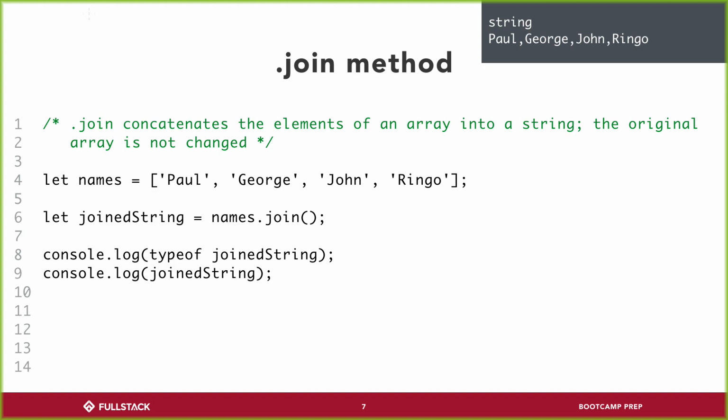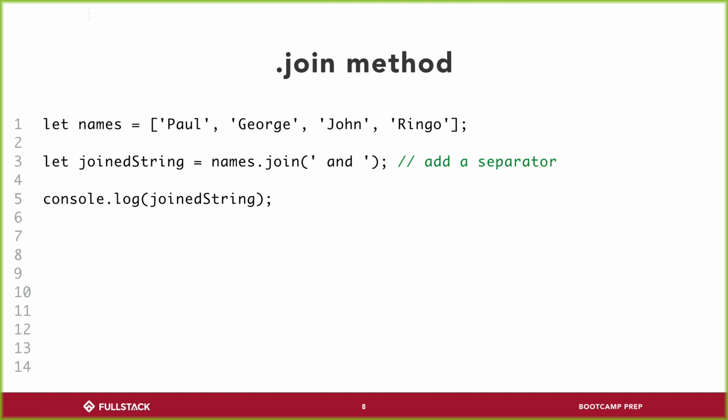I believe the default separator is a comma if you don't put anything into join. But as we'll see in the next slide, if we pass an argument into join, then that is what gets used in between all the elements of the array.